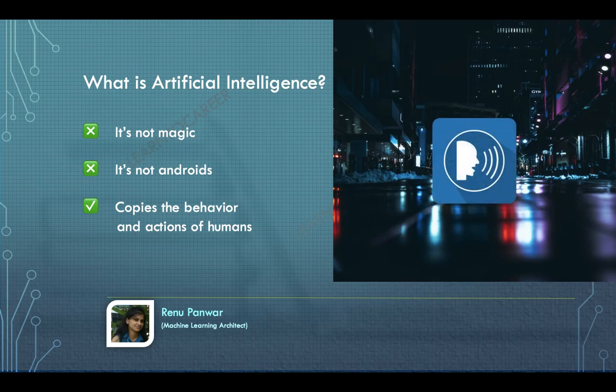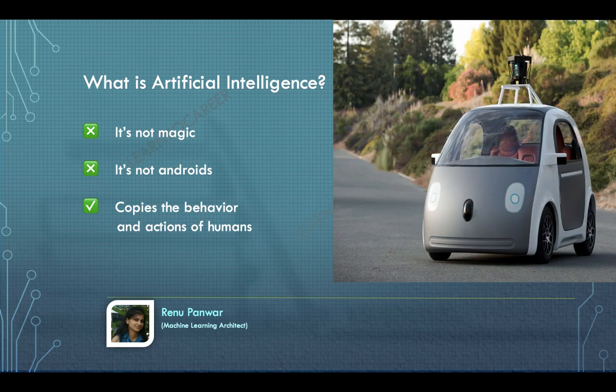So, think of a voice assistant like Siri, Cortana, or Alexa. All of those are examples of artificial intelligence because they can hear and respond like a human would. Another example of AI is self-driving cars or computers that can play chess. Again, the intent is to copy the behavior and actions of a human. Now, hopefully, the good behaviors and actions of humans.